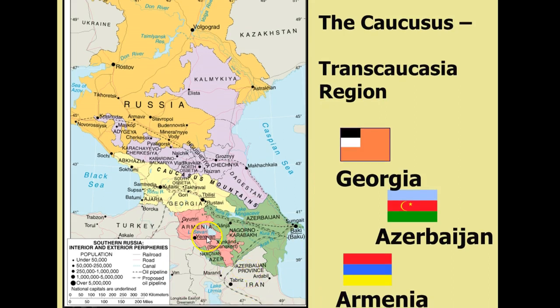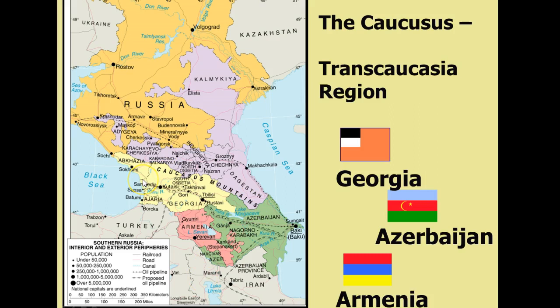Okay, so the Transcaucasia region, again, Georgia, Armenia, Azerbaijan. This is quite an interesting geographic area and really creates something of a choke point for people moving between Russia to the north, Turkey and Iran, and the Islamic world to the south.